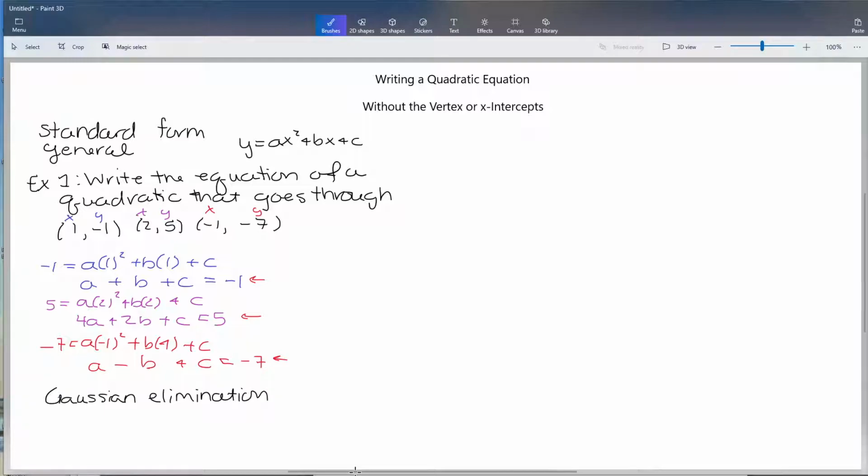Okay, so it's been a while since we talked about Gaussian elimination in our class, so let's go ahead and do this together. So I'm going to copy these equations down into the top of the page right here so that I can make as much space for myself as possible.